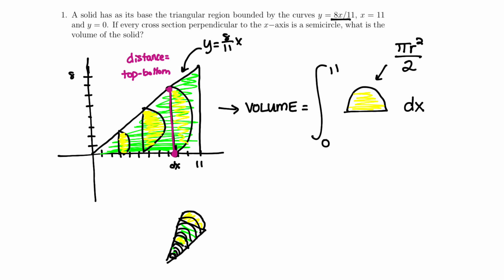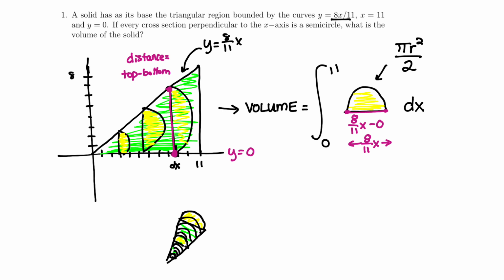The entire distance across can be thought of as 8 over 11x minus 0, or just 8 over 11x. That's the entire diameter for that circle, right? Do you guys see that? Does that make sense?